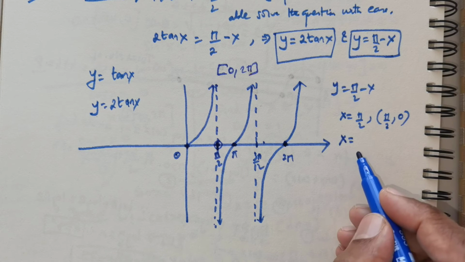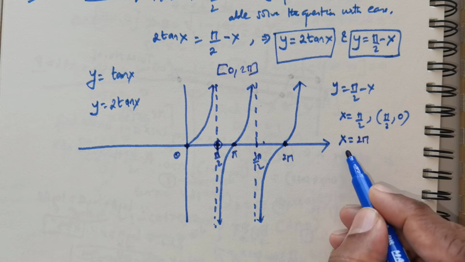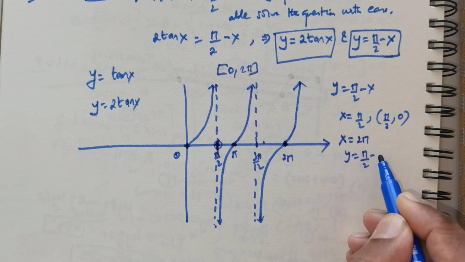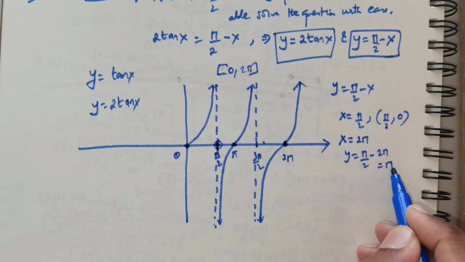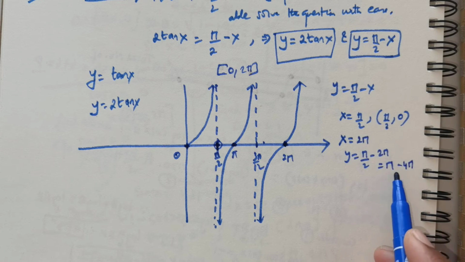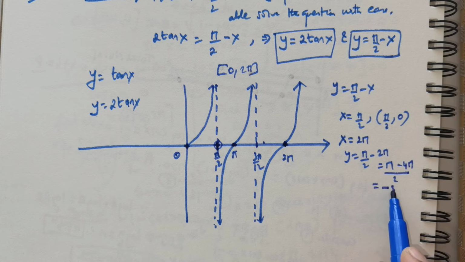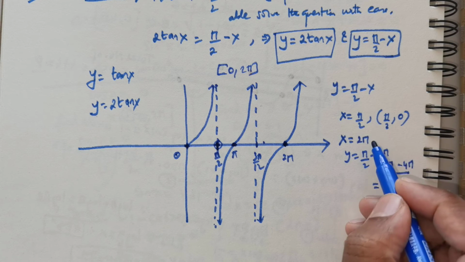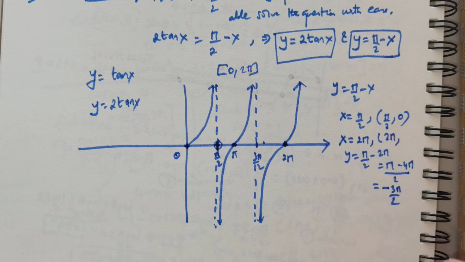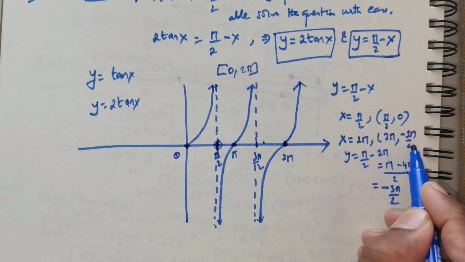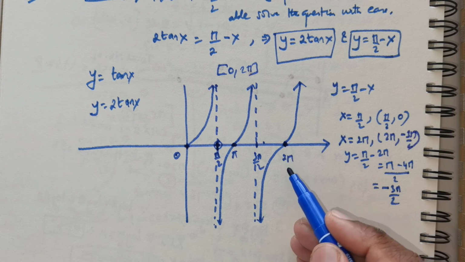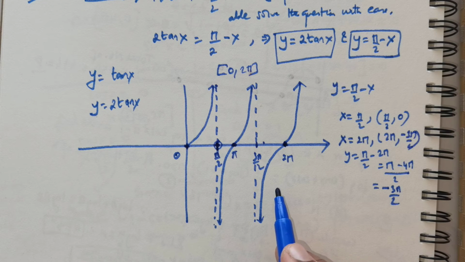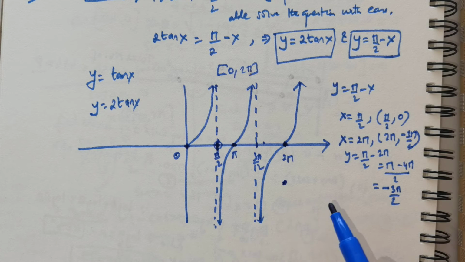If x = 2 pi, then y = pi over 2 minus 2 pi, which is pi minus 4 pi divided by 2, equal to negative 3 pi over 2. So the coordinates are 2 pi comma negative 3 pi over 2, somewhere over here, approximately.